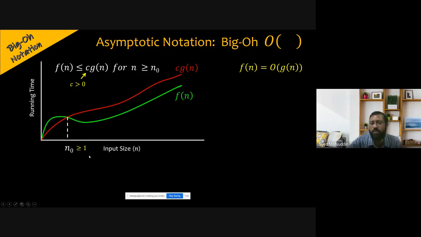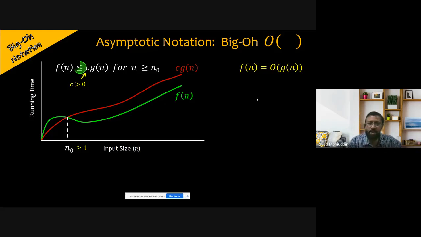If this is true, then we say that f of n is asymptotically equal to big O of g of n. Since big O is an asymptotic notation itself, instead of saying asymptotically, we can simply say f of n is equal to big O of g of n.